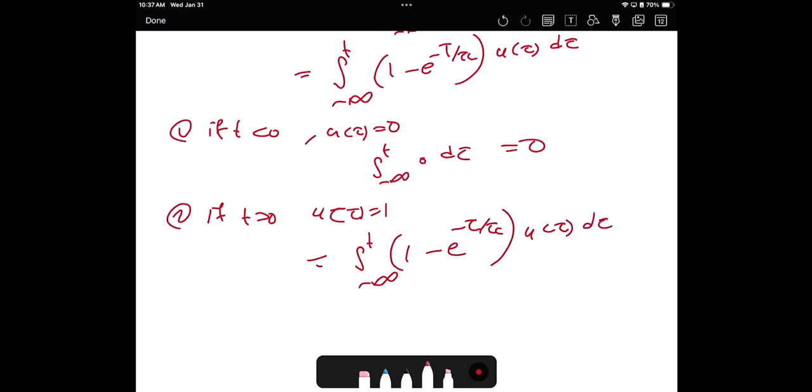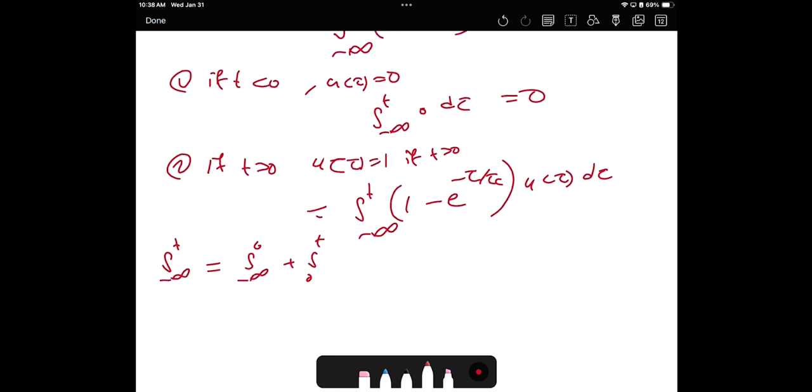How to do this integral? Actually, we know the integral from negative infinity to t equals the integral from negative infinity to 0 plus from 0 to t. But here I forgot to mention u of tau is equal to 1 if t is larger than 0.